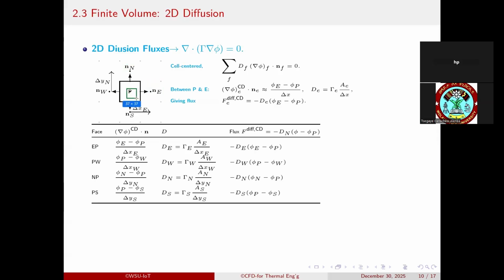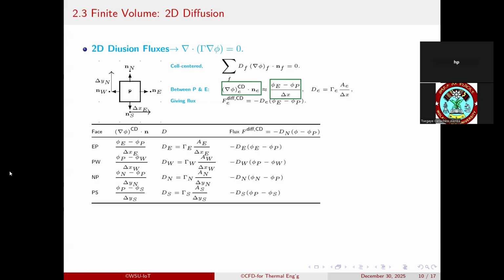So the control volume in this illustration is rectangular, with center spacing between neighbors delta X and delta Y with the corresponding subscripts. So between P and E, spacing X, the diffusion flux, which is the dot product of the flow gradient and the normal vector in the east, is estimated by finite difference, which is a quotient of value differences between east and P divided by the corresponding center distance.